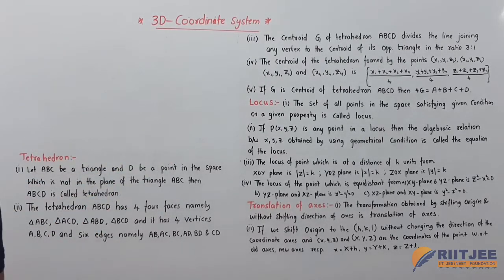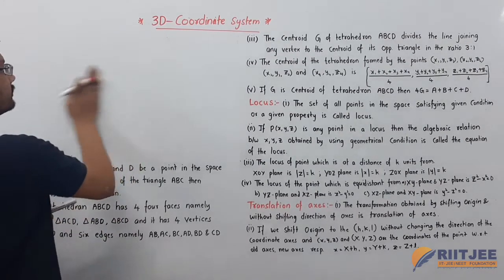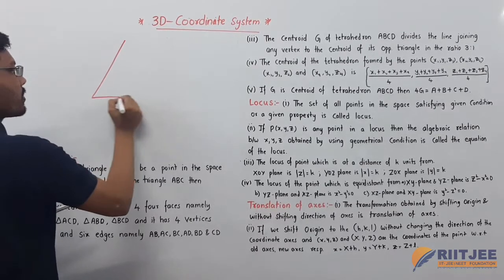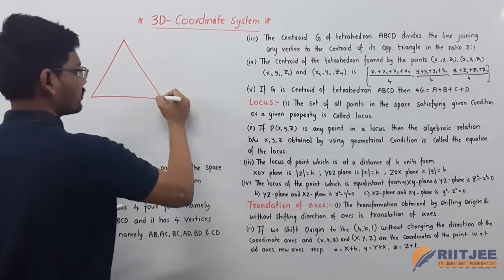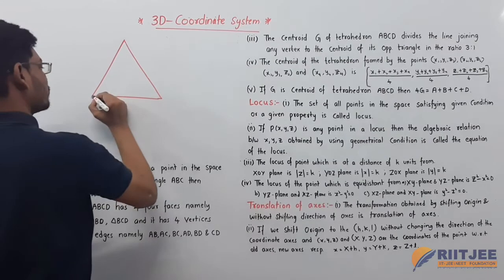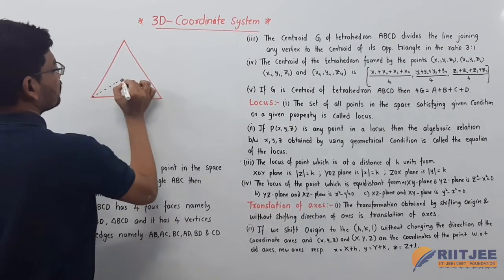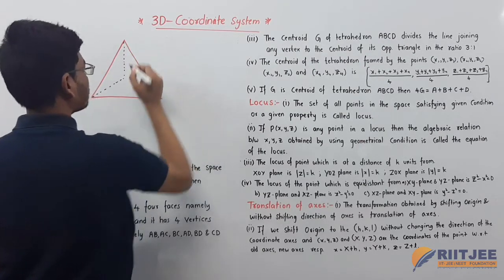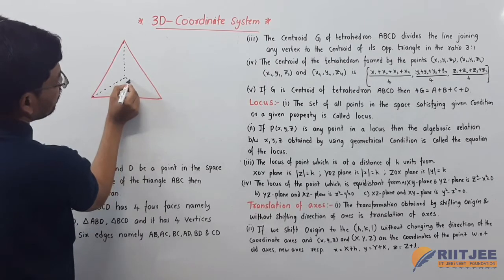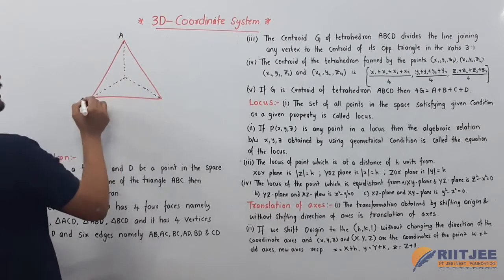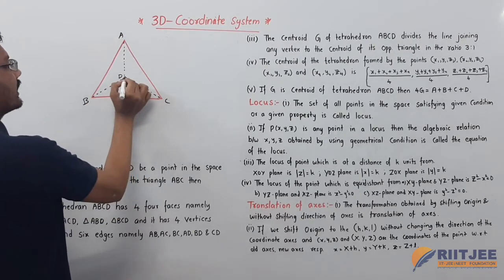First we have to look at the diagram of a tetrahedron. Now I am taking a tetrahedron diagram. This is a tetrahedron A, B, C, and this is D here.